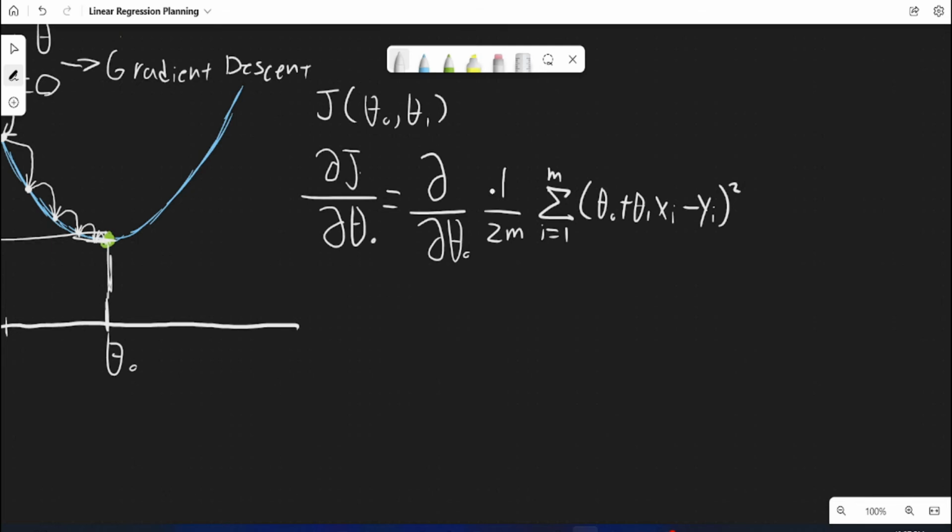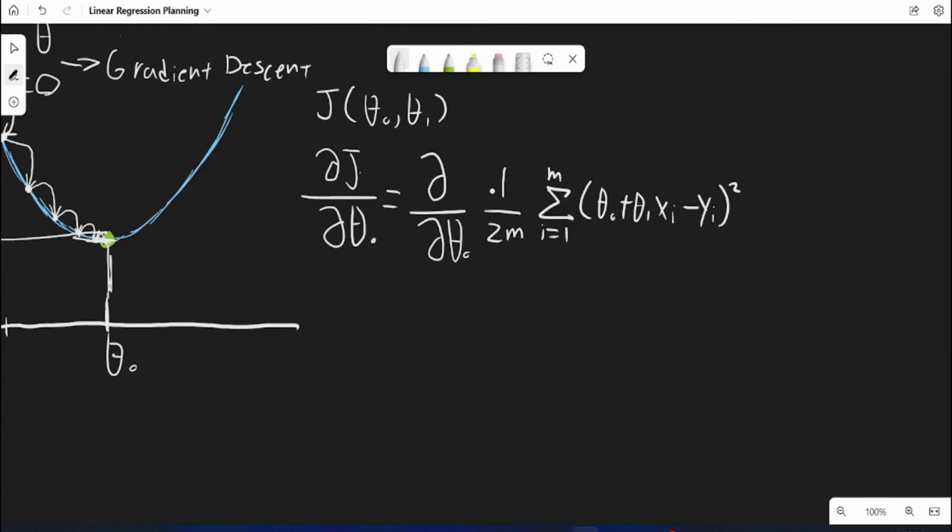I'm using xi because we plug in the ith x value, and then the ith y value. So we take the partial derivative of this, and we move the 2 to the front, so the 2 cancels out, and then it's just divided by m.